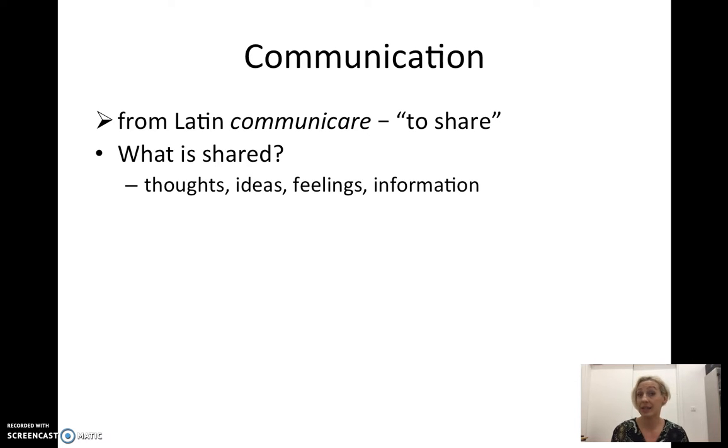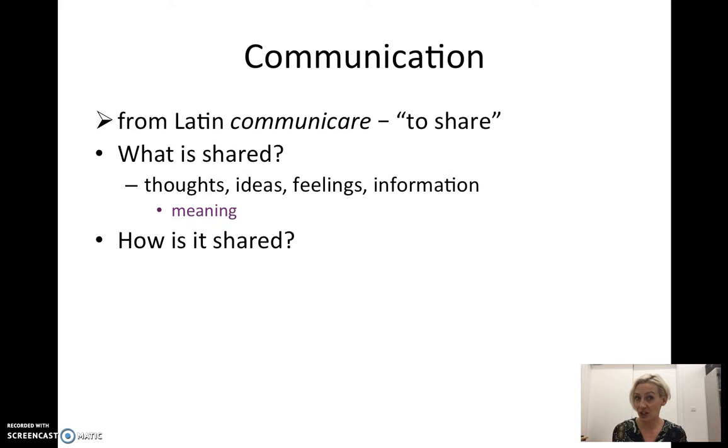So thoughts, feelings, information, ideas are the things that we share when we communicate. In other words, you could say any type of meaning is what can be shared in communication. So communication is about sharing meaning.